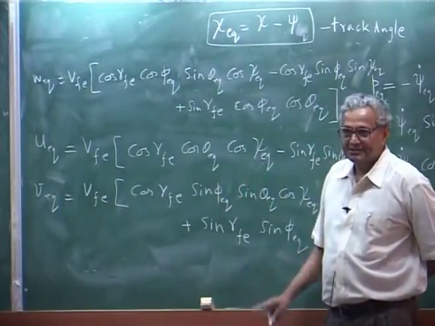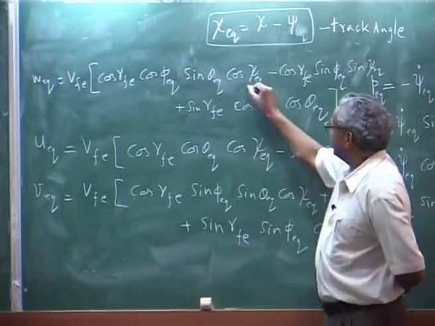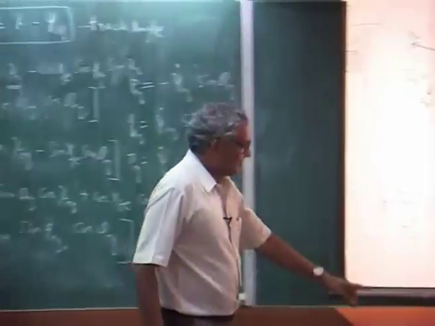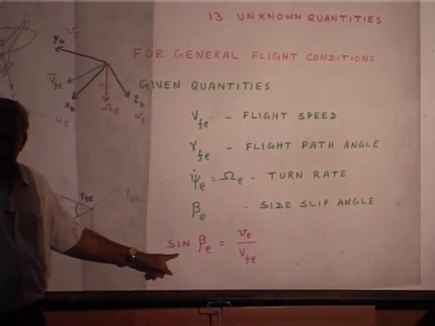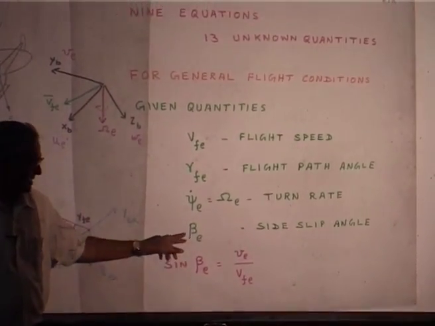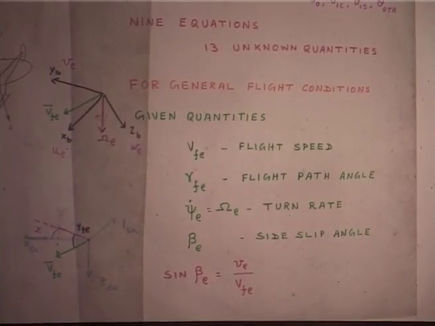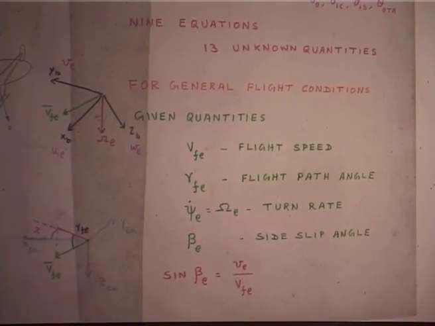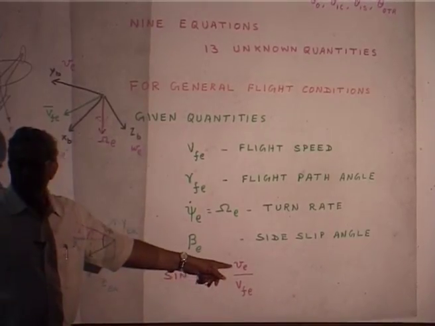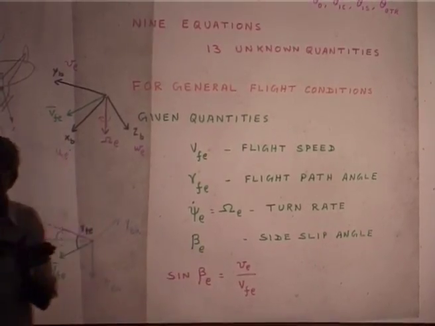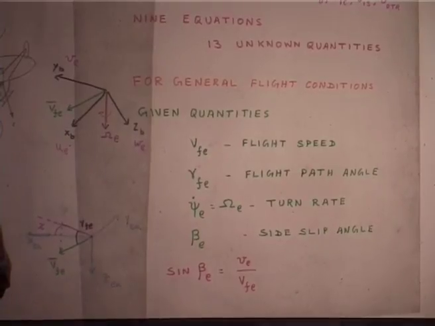So, what I do is, I first go and solve for how I define my chi equilibrium. Okay. What is given here is sin beta E, because side slip angle is specified. You have to specify what is side slip. Side slip angle is what? This is V equilibrium in the body system. Okay. Whether you are moving along the y body, along the y axis of the body system.